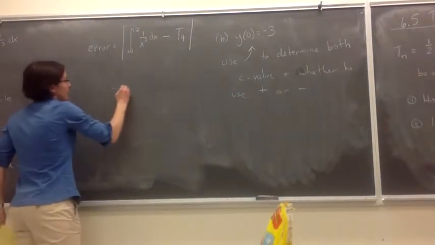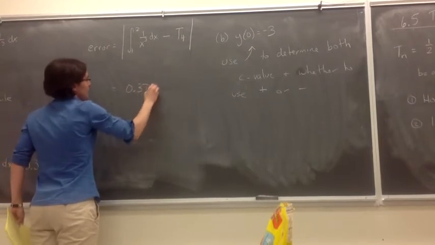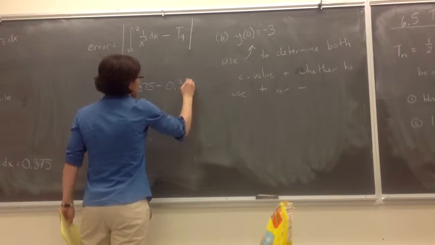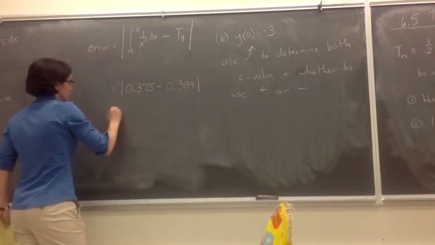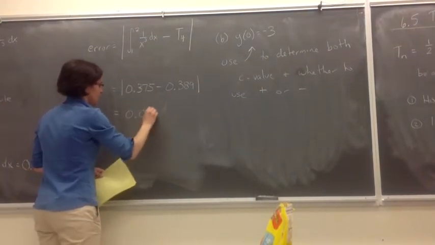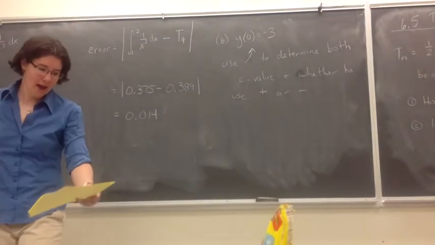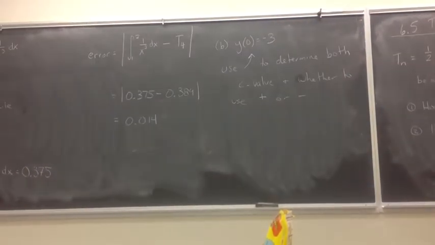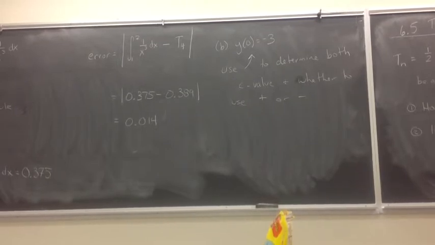And so we could do that calculation, and we have 0.375 minus the value for T4, which is 0.389, and take the absolute value of that, and we come up with 0.014. And so this was our actual and true error. All right, are there any questions about finding that exact error? This is how far off we were by using 4 subintervals, using the trapezoid rule, rather than actually calculating the integral itself.